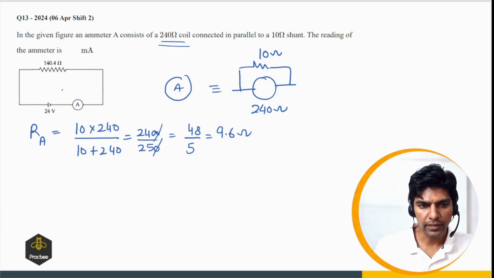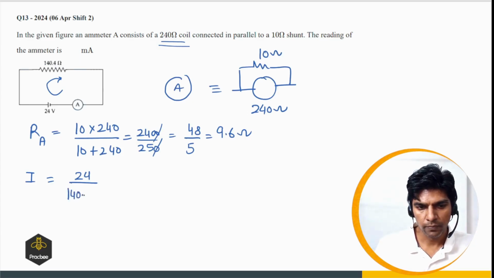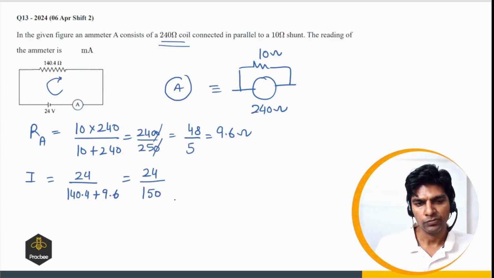So let us apply KVL in this loop. So the current will be 24, the EMF, divided by the total resistance of the circuit, which is 140.4 plus 9.6. So it will be 24 divided by 150, and we have to find the answer in milliampere.